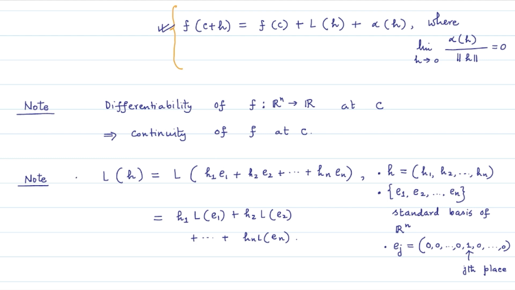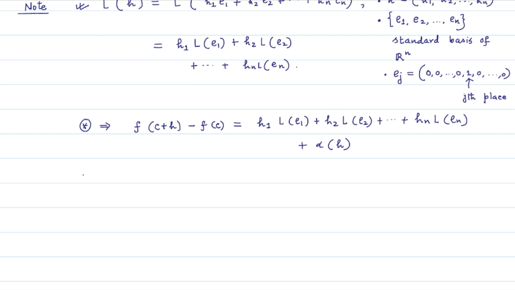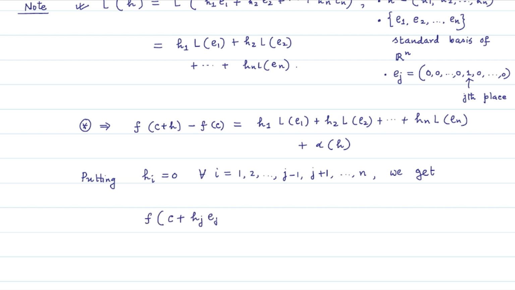Now plugging this expression in this equation, we get that in this equality we take all hi's equal to 0 except the jth index, then we will get f of c plus aj into the vector ej minus f of c is equal to aj L of ej plus alpha of all zeros except aj at the jth place.